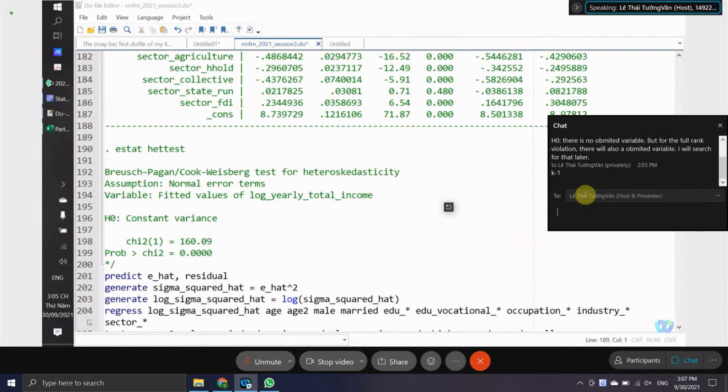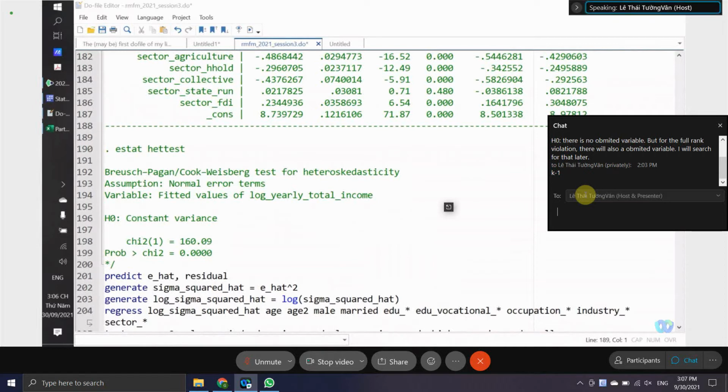Now the next step: Minh Thùy, what is the null hypothesis here? The null hypothesis is constant variance. That is constant variance or homoscedasticity, right? They are the same.